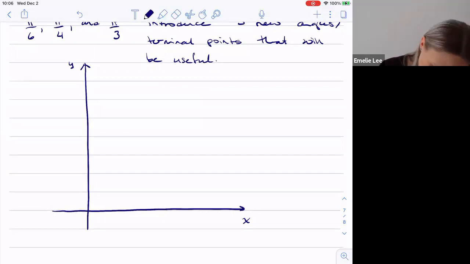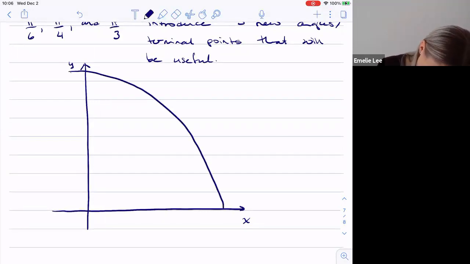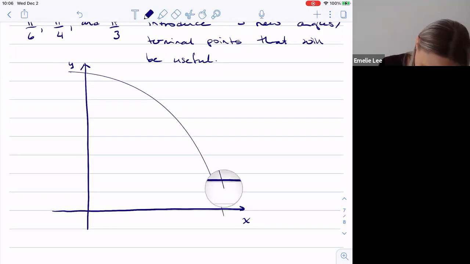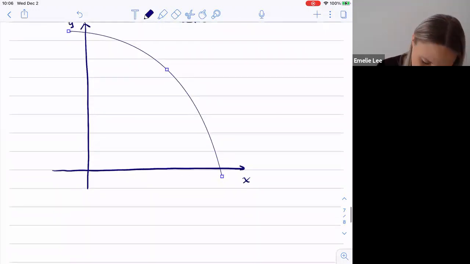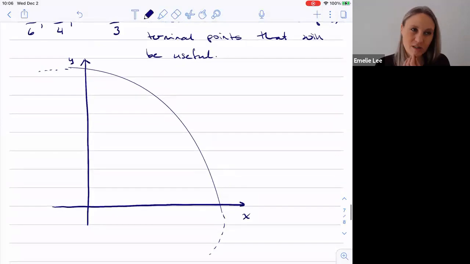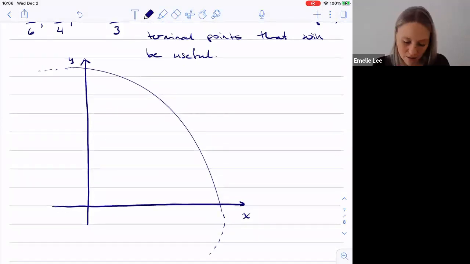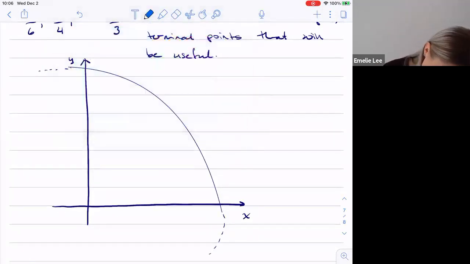Okay, so here, and then I'm just going to indicate that this keeps going here. It is the unit circle, but I've zoomed in on the first quadrant.